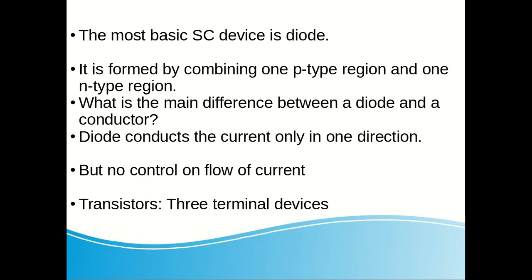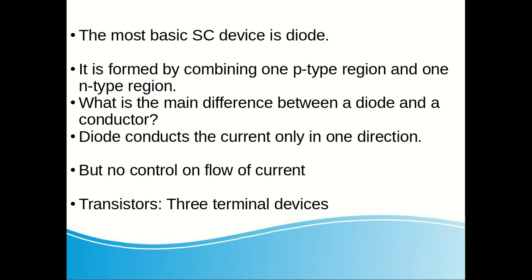There is one advantage as we have discussed, but there is a certain disadvantage about the diode. On the one side it can control the direction of the electrical current flow, but on the other hand it cannot control how much current it can conduct. So that is not possible.